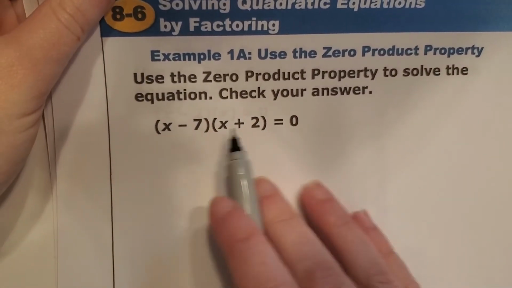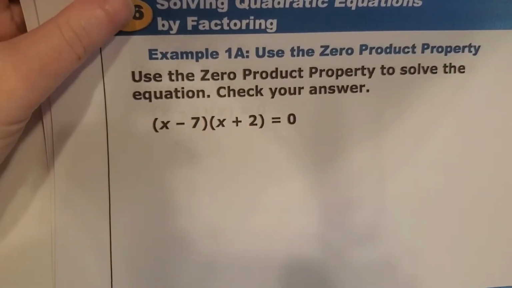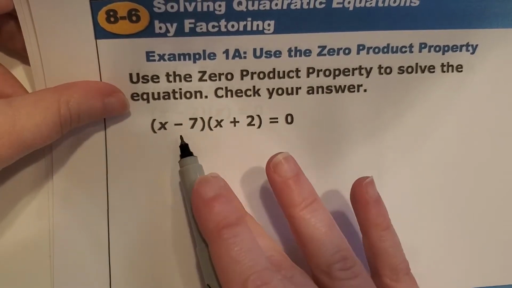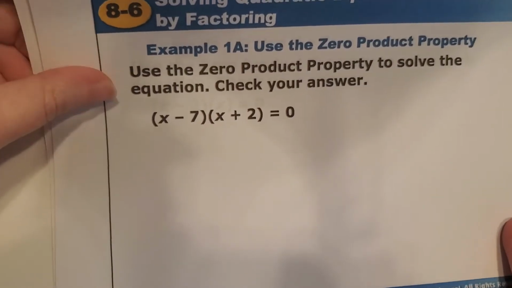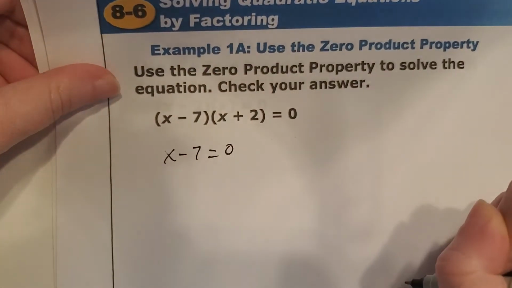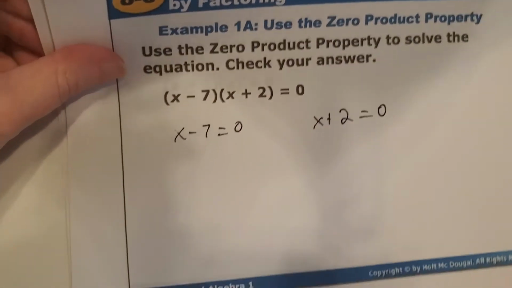We have 2 separate expressions that are being multiplied together and are set equal to 0. So what the zero product property allows you to do is to take these expressions separately and set them both equal to 0. So we can say x minus 7 is equal to 0, and we can also say x plus 2 is equal to 0.